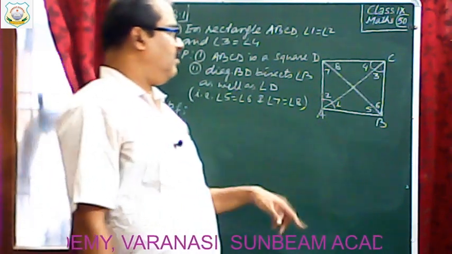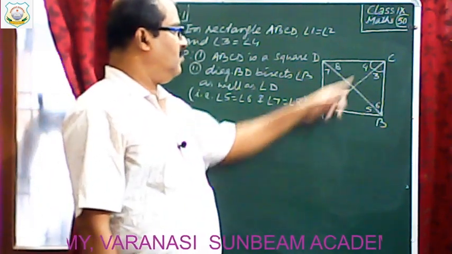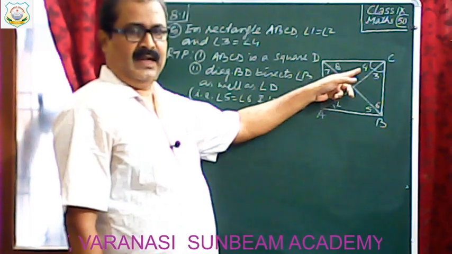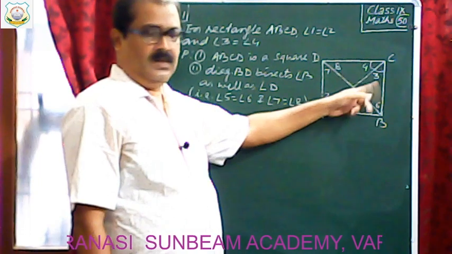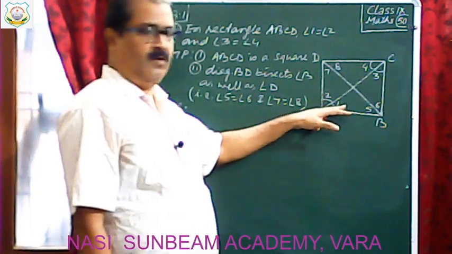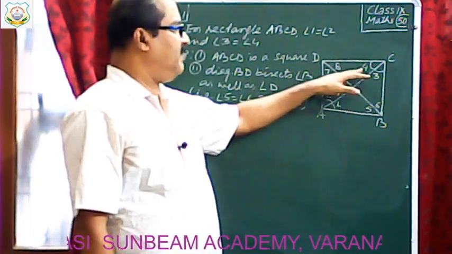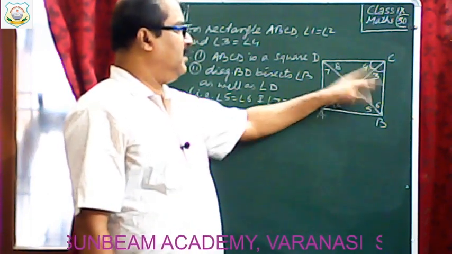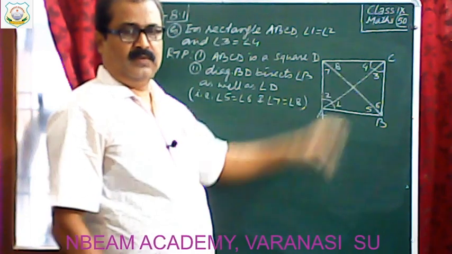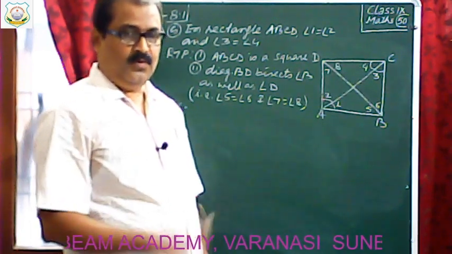Clear? One more method. We know that angle 1 equals angle 4, alternate interior angles, and angle 4 equals angle 3. Okay, so angle 4 equals angle 1, alternate interior angles, and it is given angle 4 equals angle 3. Then angle 1 and angle 3 both equal angle 4. But two things equal to the same thing are equal to one another.